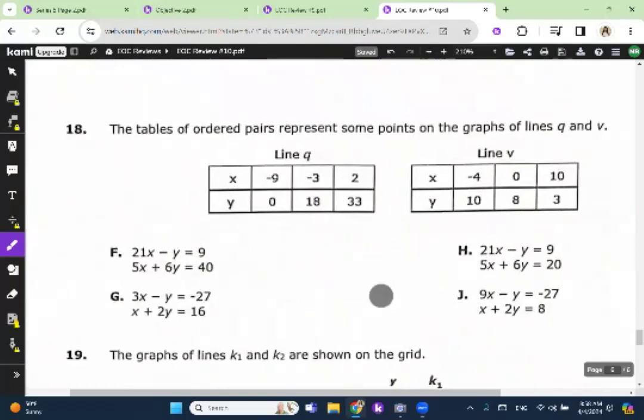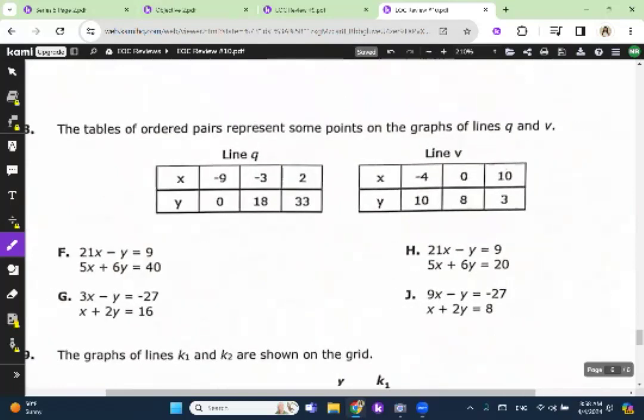Number 18 is one that we have done. What would the strategy be? Stat edit for the lines, but look at your answer choices. What would you use for the answer choices? Solver? Nope. Matrix. Why matrix?